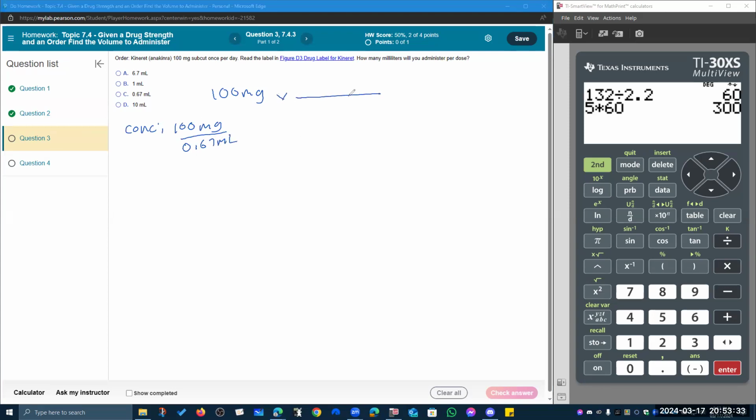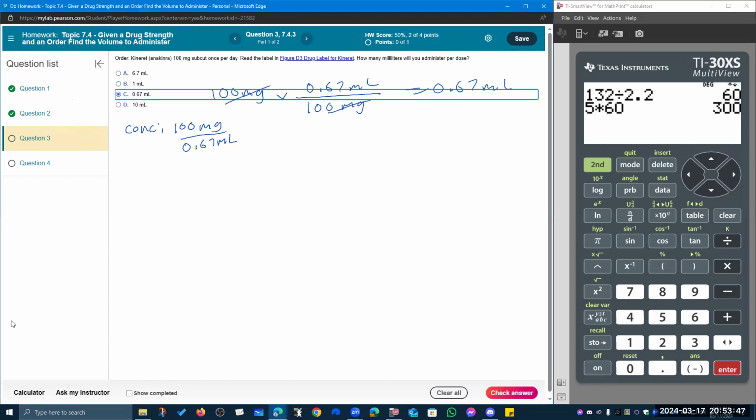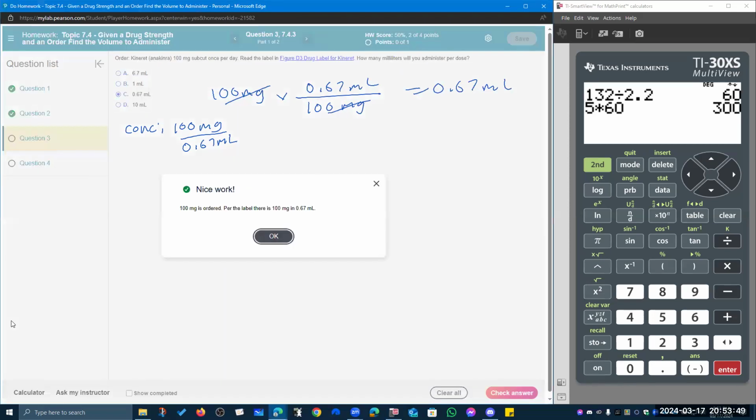So we're going to multiply by the milligrams on the bottom, 0.67 milliliters on the top, and 0.67 milliliters is what we're going to administer.